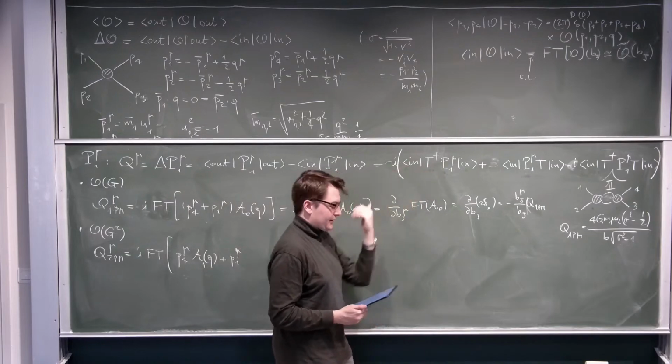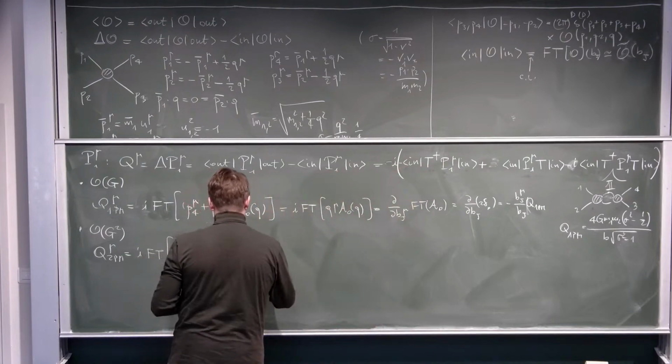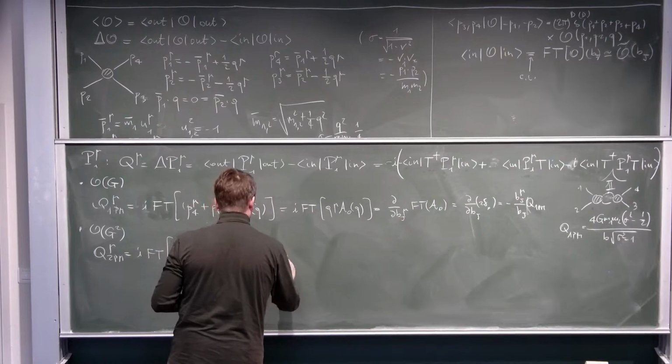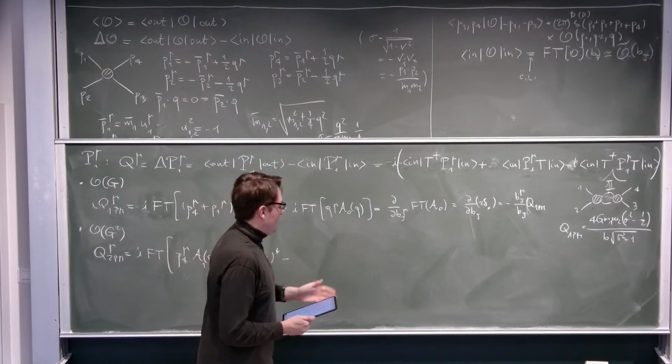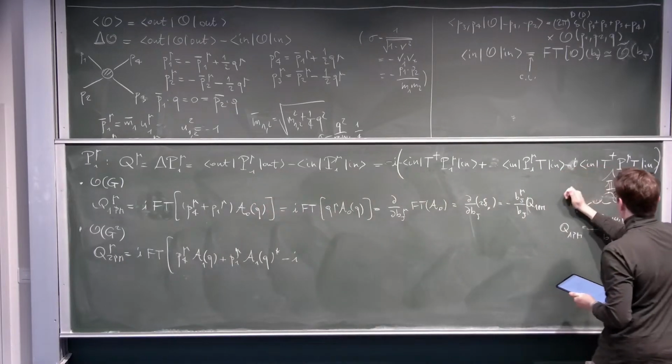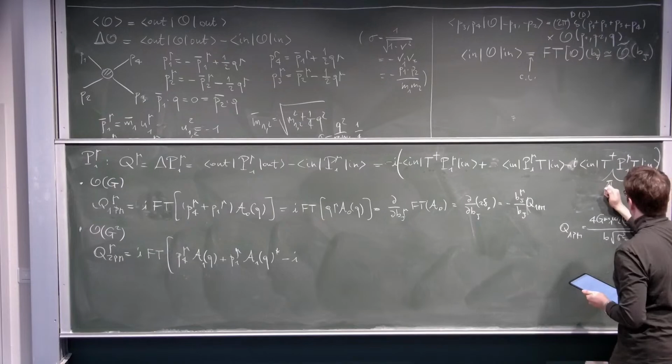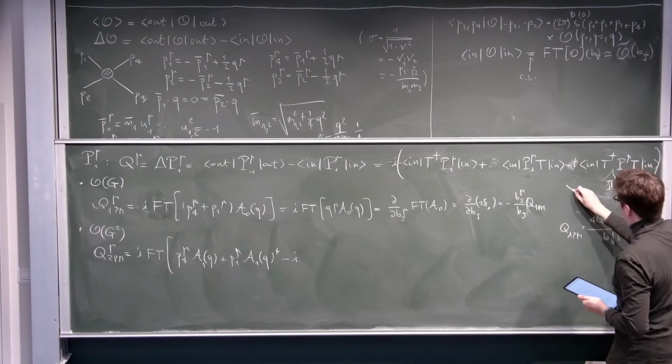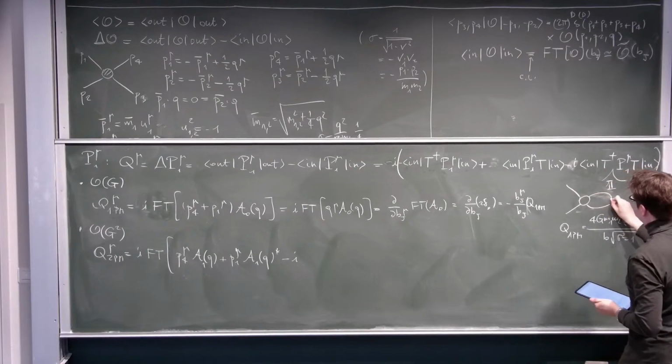Because, as you know, T dagger is the definition of Hermitian conjugate. Then there is this minus I. And then let me be a bit more precise about the routing of the momenta in this cut here.